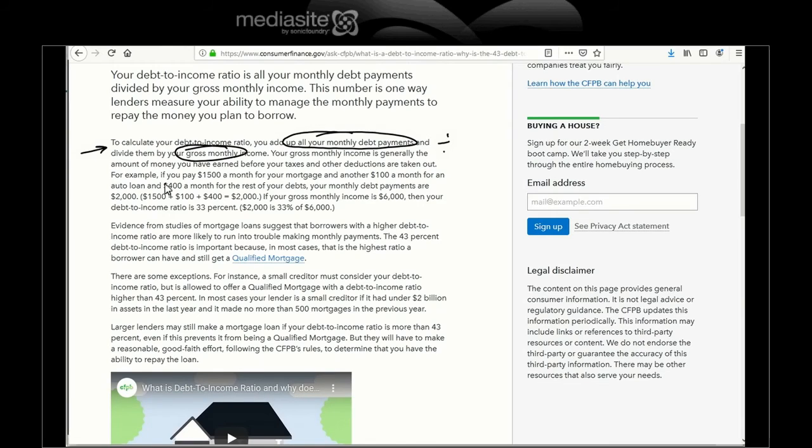Now, gross monthly is not your take-home pay, but your take-home pay plus taxes taken out, Social Security, federal income, state income, local income taxes, anything else you may have withdrawn for your retirement, and so forth. So it's gross monthly income, plus anything you have on the side in terms of maybe investments.